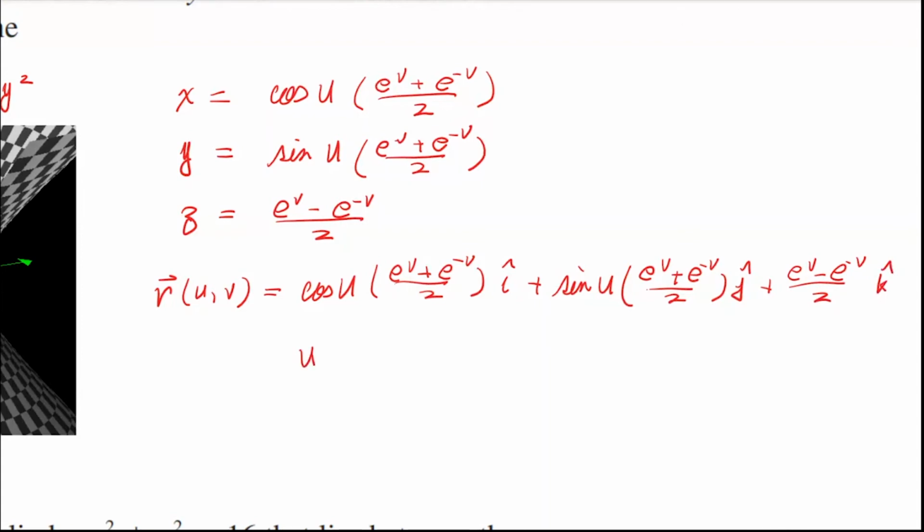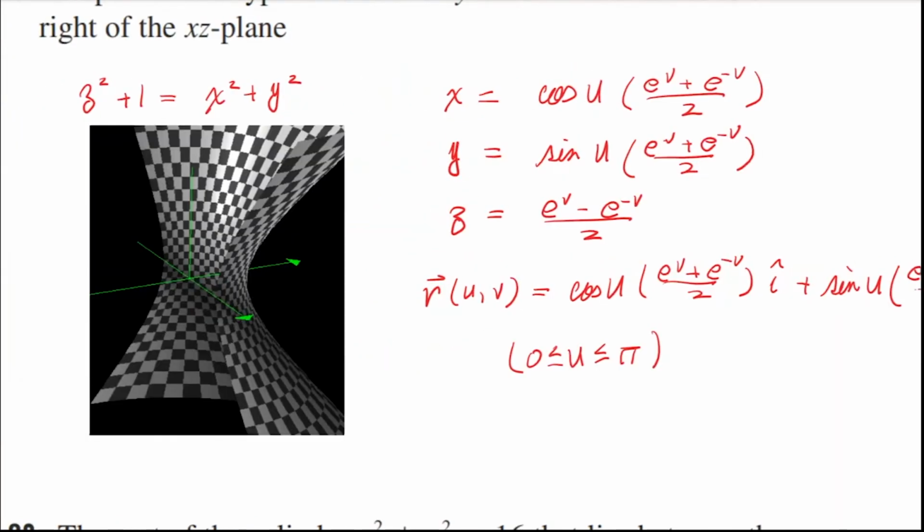And then we want to limit the domain of u from 0 to pi. And that's this thingy right here. Oh, that was a beautiful, beautiful example now, wasn't it?